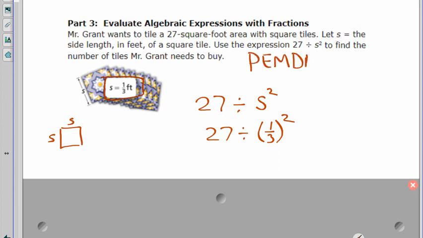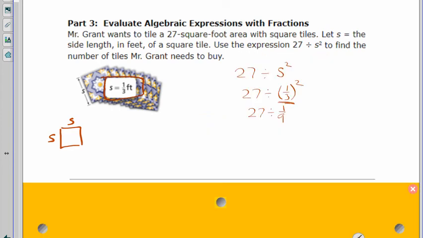PEMDAS. We do exponents before we divide or multiply. So I'm going to have this to do next. That's 27 divided by, and on the side here, 1/3 times 1/3 is 1/3 squared, which is 1/9. So divided by 1/9.